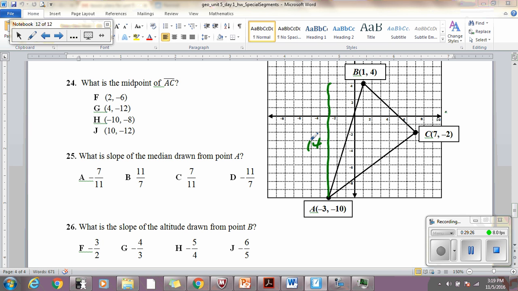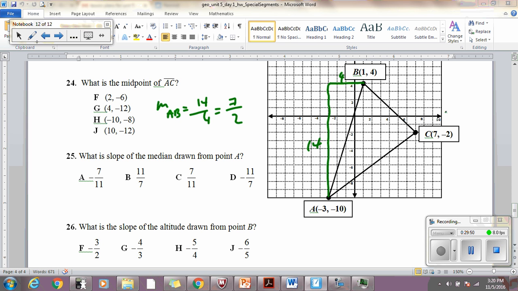So 14 up over 2, 4. So the slope of A to B is 14 over 4, which reduces to 7 over 2.